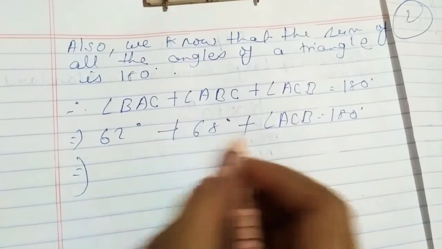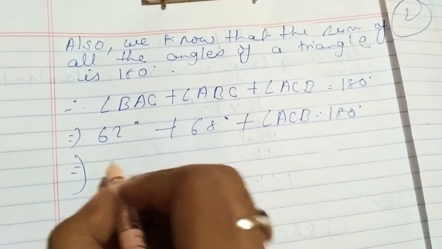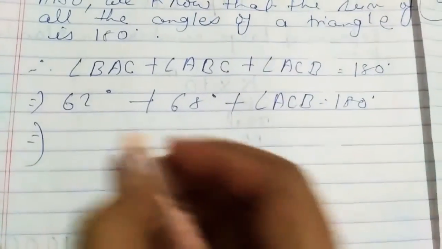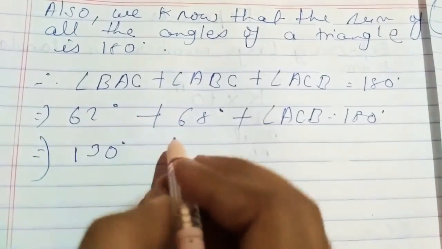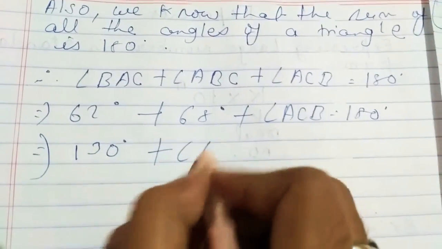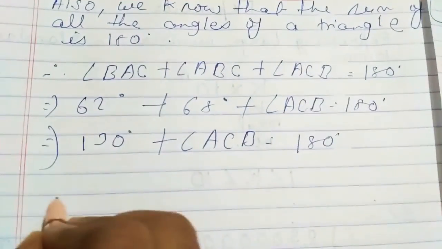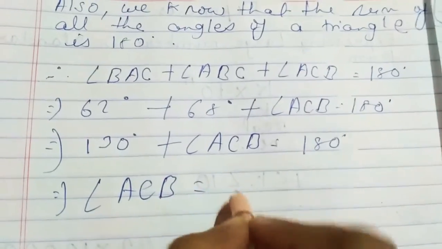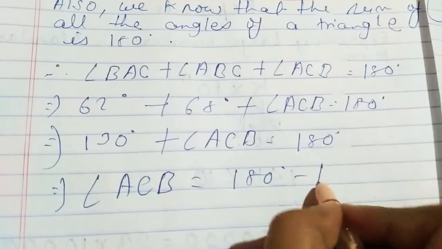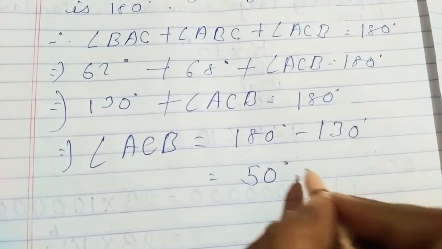Next step, just add both of the angles. So when you add it, it becomes 130 degree plus angle ACB equal to 180 degree. Now angle ACB is 180 minus 130, here it is 50.